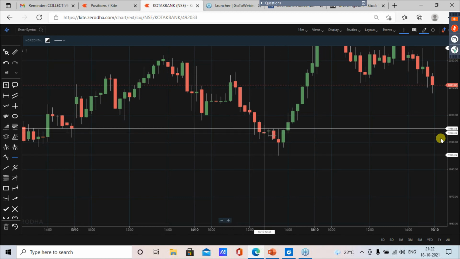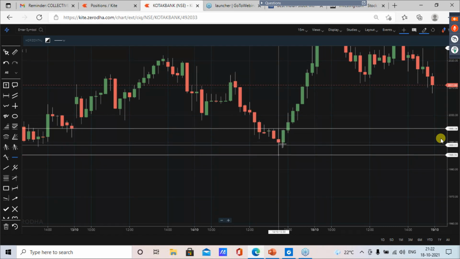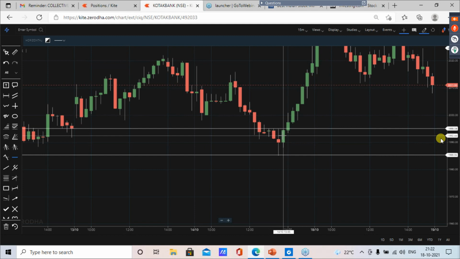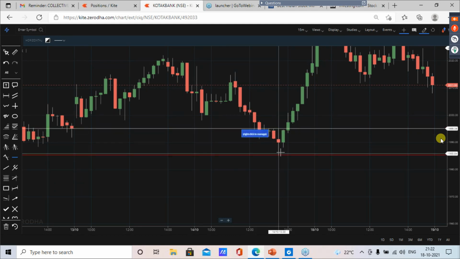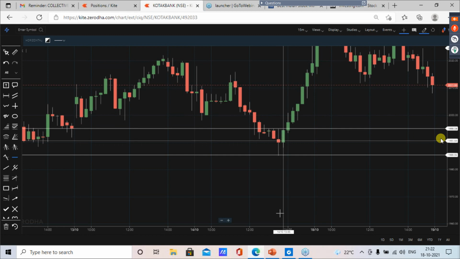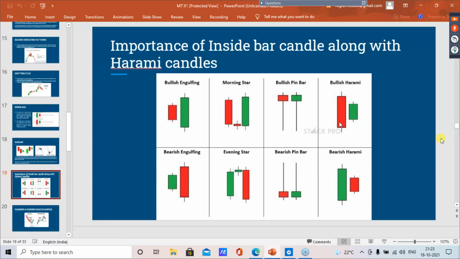After a downtrend, there should be a bullish Harami. We have a bigger red candle, followed by a green one. You need to see the length, not the body. If you see the body, you feel the green candle is more powerful. But if you see the length, within the high and low of the bigger candle there is a green candle. So this qualifies the definition of bullish Harami.